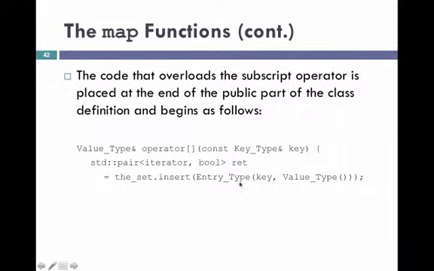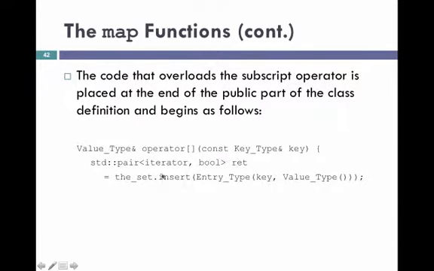And so we'll insert an entry type which has the key, and then here is whatever kinds of values are in our map. Here's the default, this references the default constructor for that value type. So what insert will attempt to do is to add a new entry with that key and a default value.